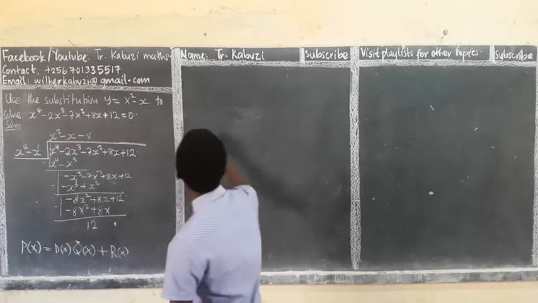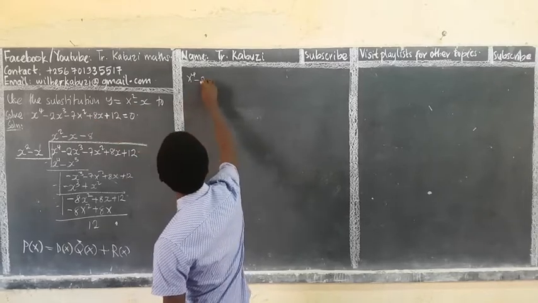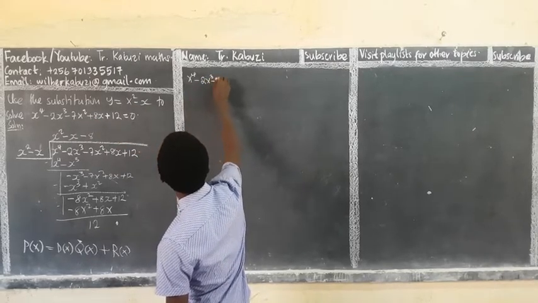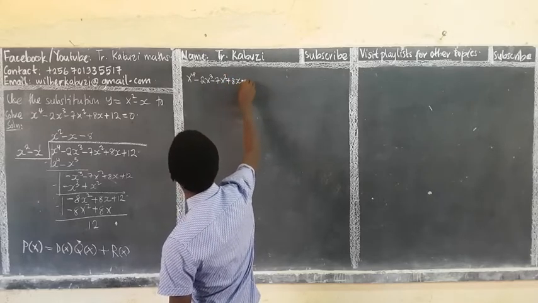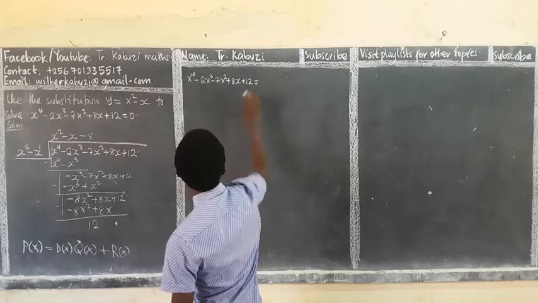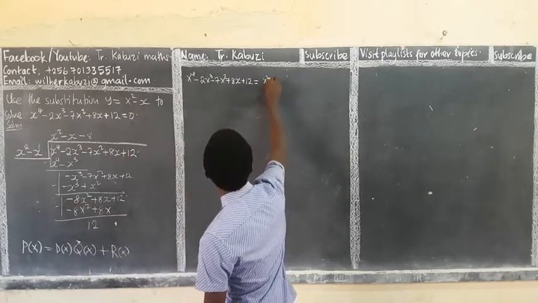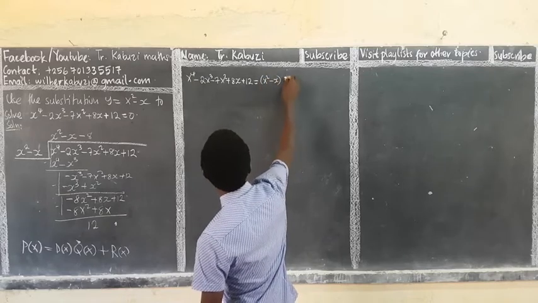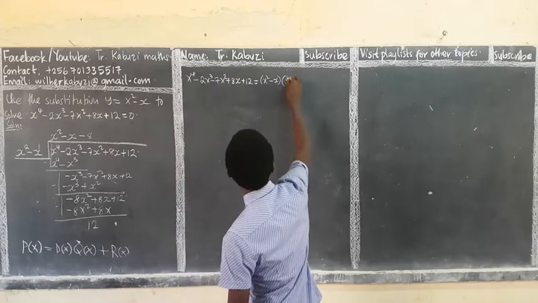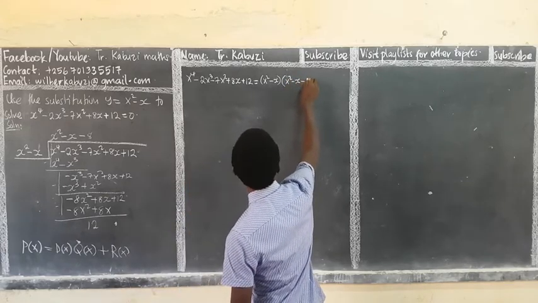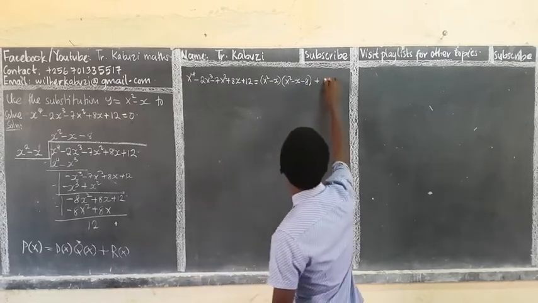This implies that x to the power 4 minus 2x cubed minus 7x squared plus 8x plus 12 is the same as the divisor, which is x squared minus x, times the quotient, which is x squared minus x minus 8, then plus the remainder, which is 12.